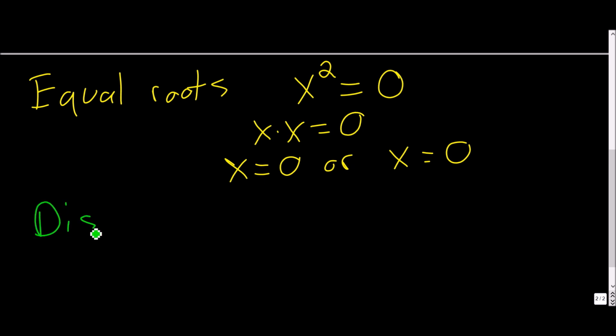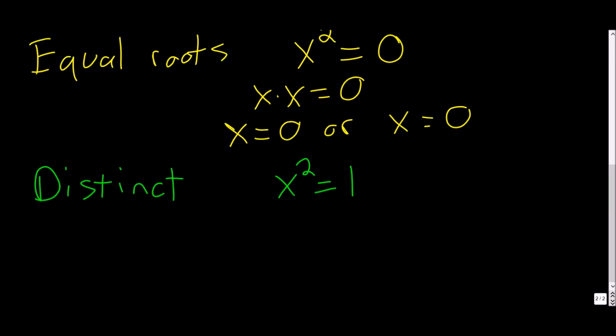Now, they're going to also use this term distinct. Distinct means basically that they stand apart from each other. So we could have an equation like, let's say, x squared equals 1. Okay, so this is a little different. One way to solve this, and I'm going to solve this pretty quickly, is to think about this in terms of factoring.